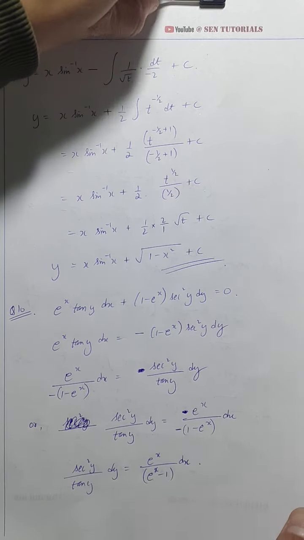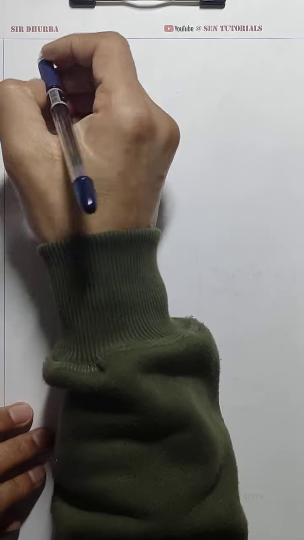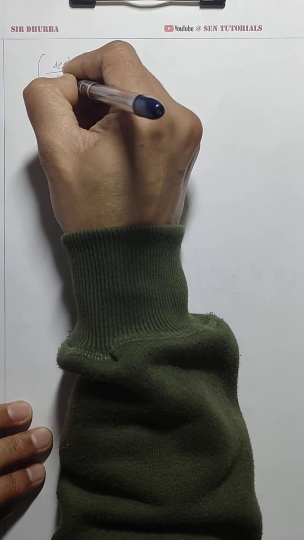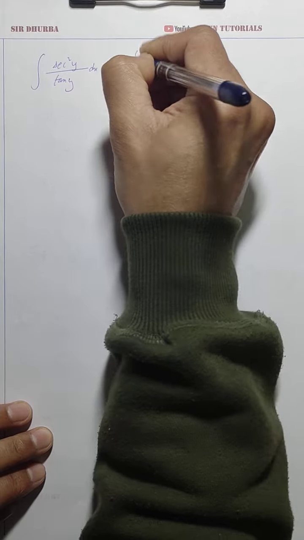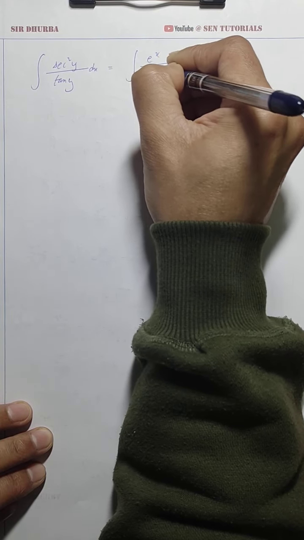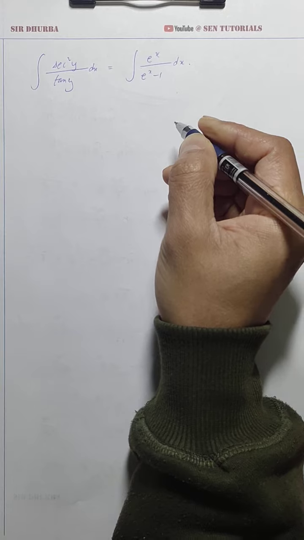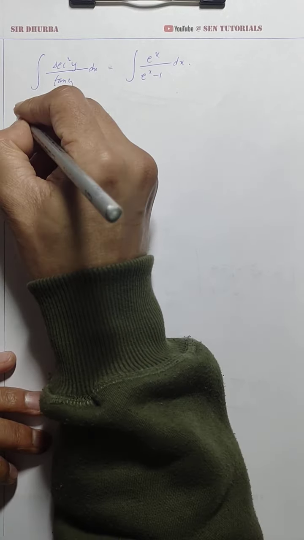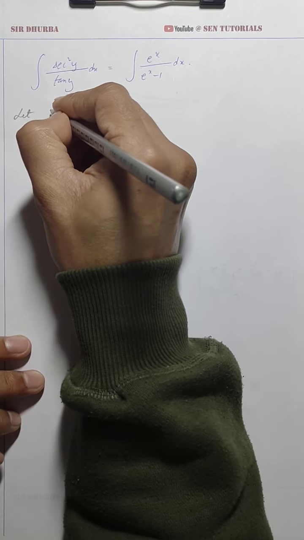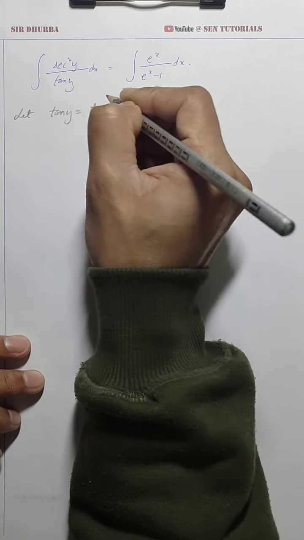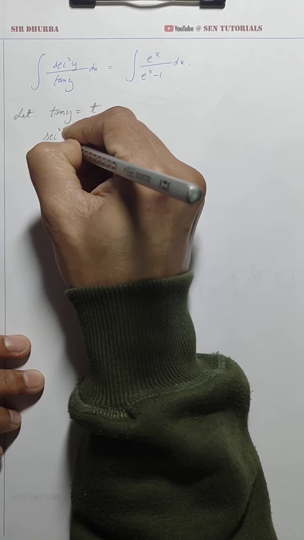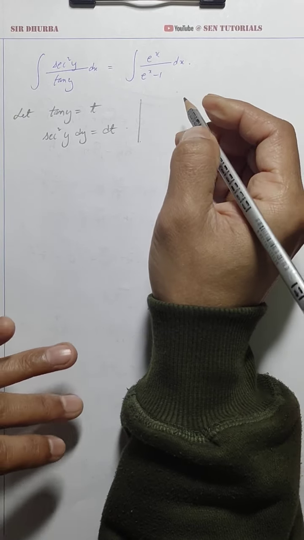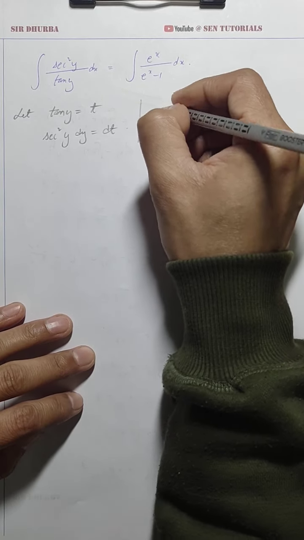Chalo chale. Now integrating both sides: integral of sec square y by tan y with respect to y, integral of e power x by e power x minus 1 with respect to x. Here either you can do it directly, or I'll just show you the substitution method. Let tan y equal to t, so differentiating both sides, we have dt equals sec square y dy.